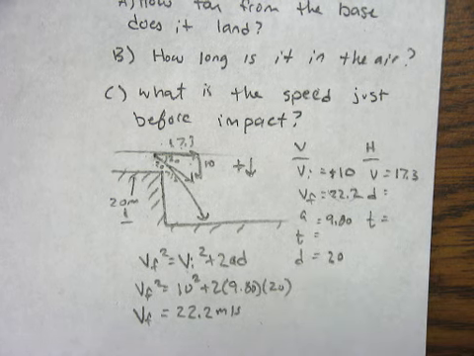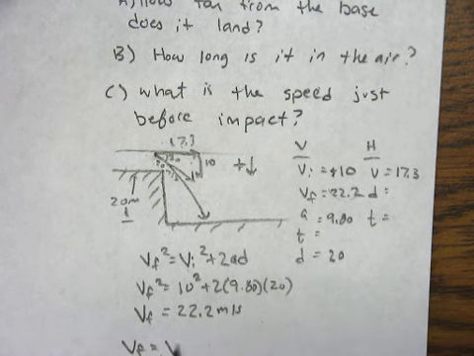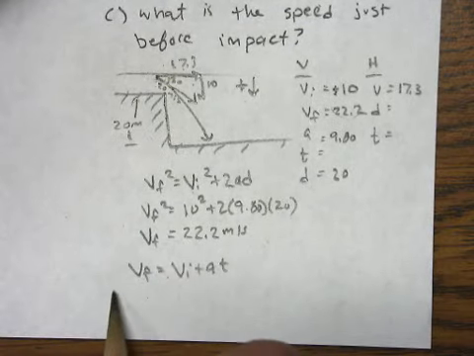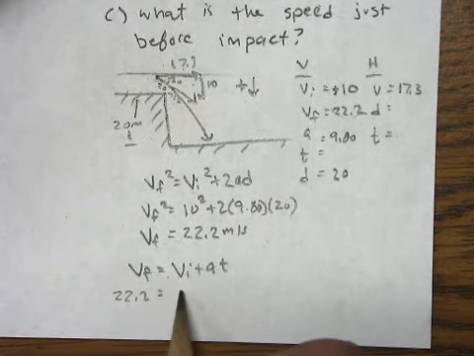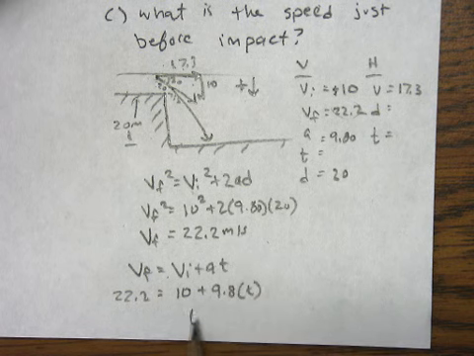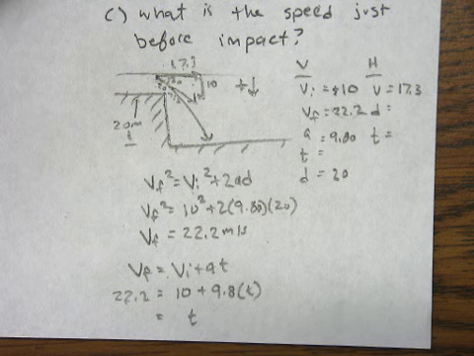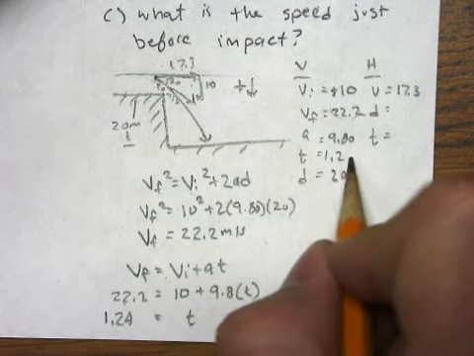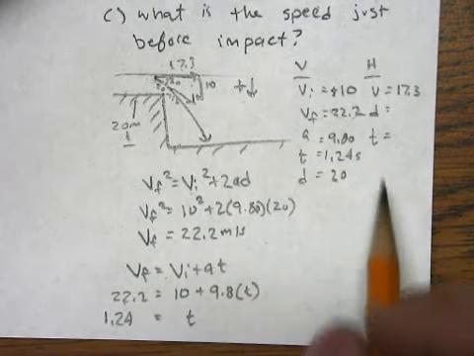Right there. And then I can go right into the time. VF equals VI plus AT. Final velocity, 22.2. Initial velocity, 10. Acceleration, 9.8 t. So 22.2 minus 10 is 12.2, divided by 9.8 is 1.24 seconds.